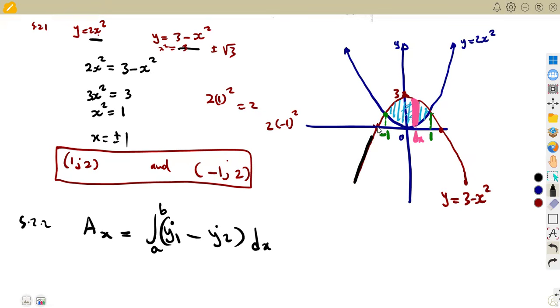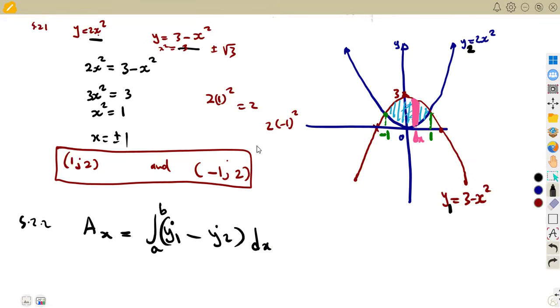So y1 is this one above, the one that is on top of our area. You can see that it's above. Then y2 is this one that is below that graph.